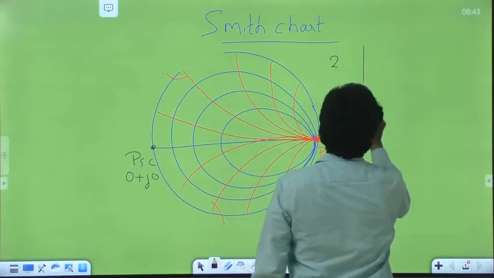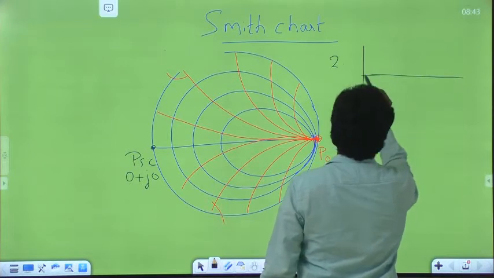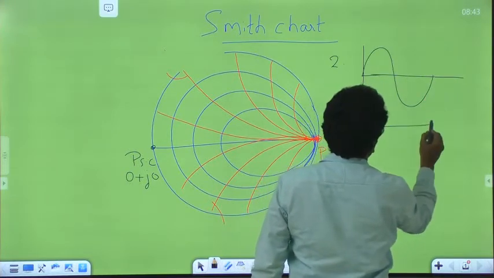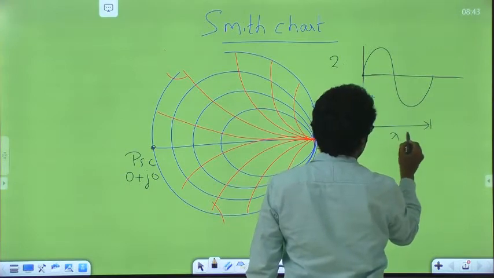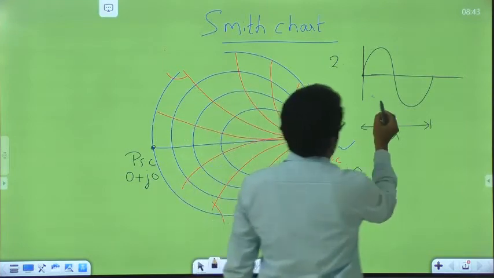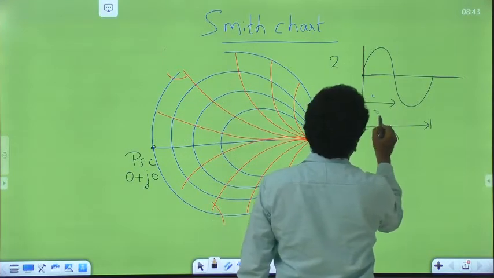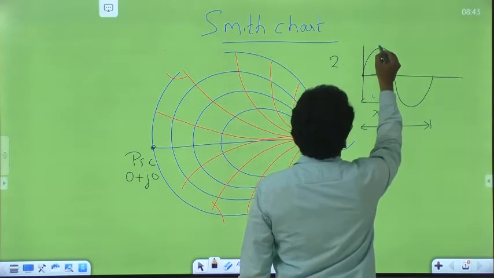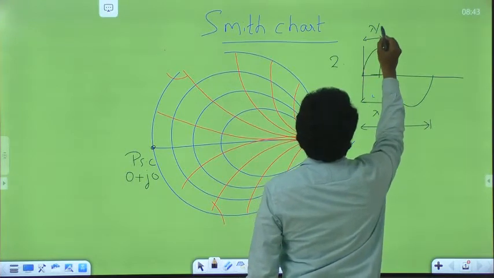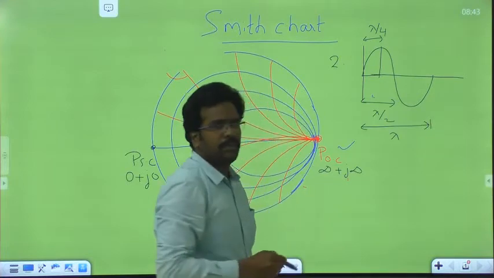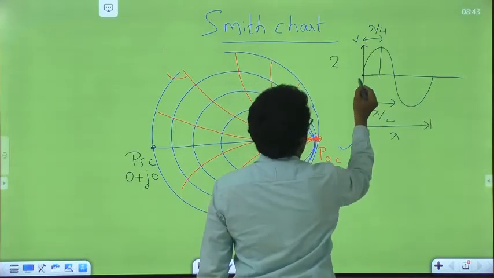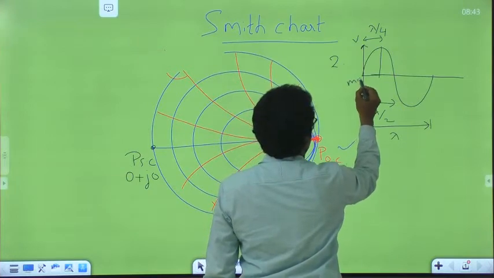To identify that, let us take some waveform. I am taking one sinusoidal waveform. This is of length how much? This is the wavelength, lambda. This gives half of the wavelength, lambda by 2, and this is going to give the quarter wavelength, lambda by 4.